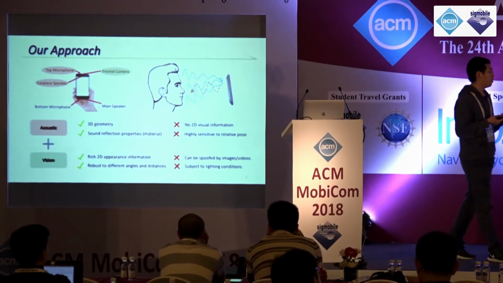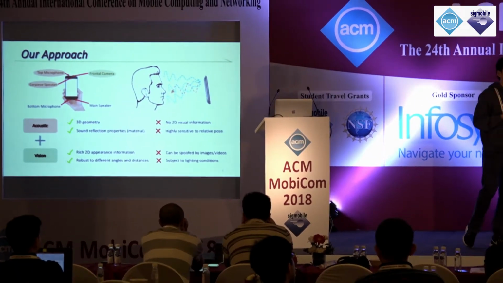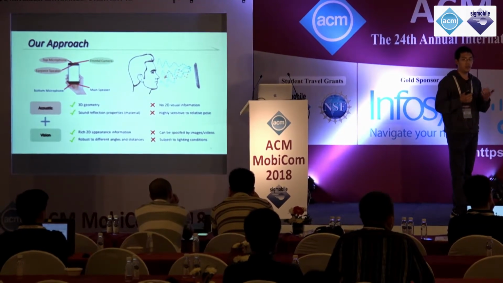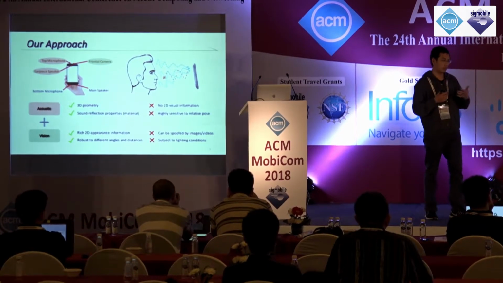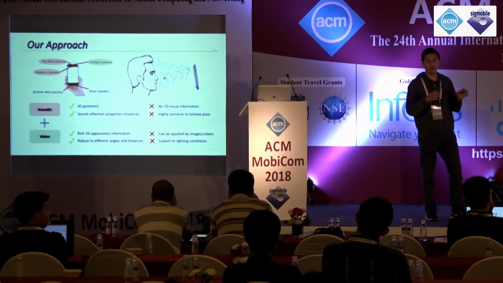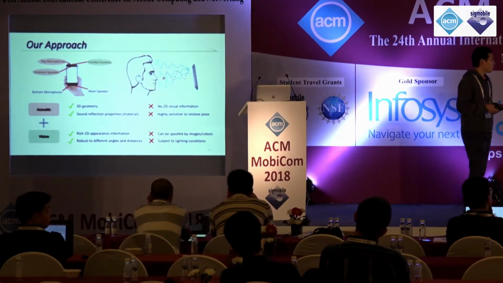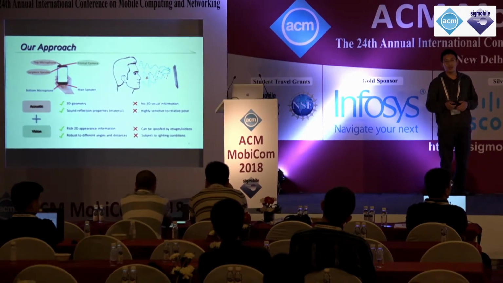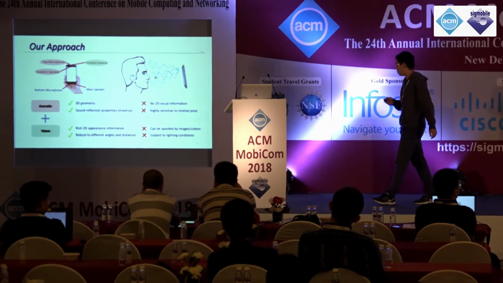On the contrary, vision has very rich 2D appearance information, and it's robust to different viewing angles or distance due to the vision transformation. However, it can be spoofed by images or videos, and it's subject to the lighting conditions.